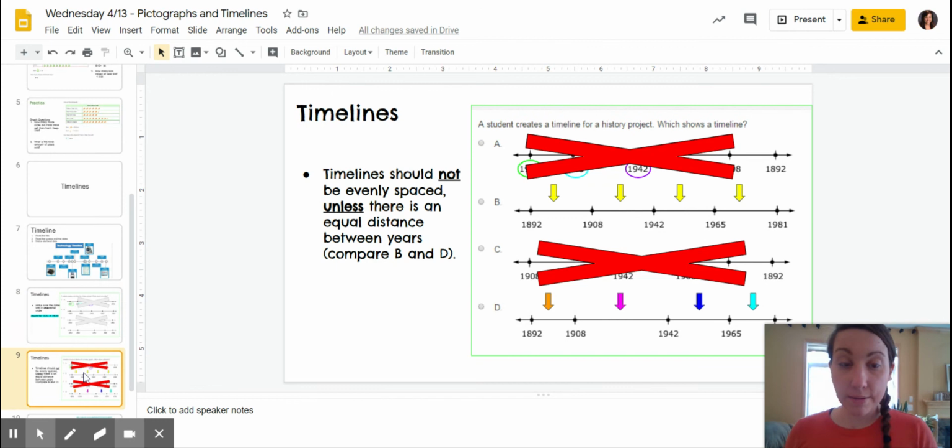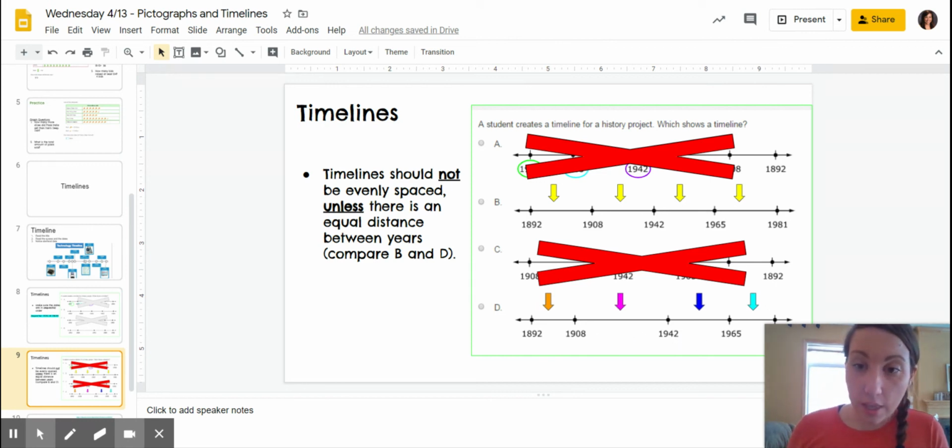One last important thing to remember is the spacing. Okay, if I look at letter B, I marked each one of these with yellow arrows because they're all the same space. You see how that's like evenly spaced? But the years aren't that way. 1908 should be a lot closer to 1902 than it is to 1942.